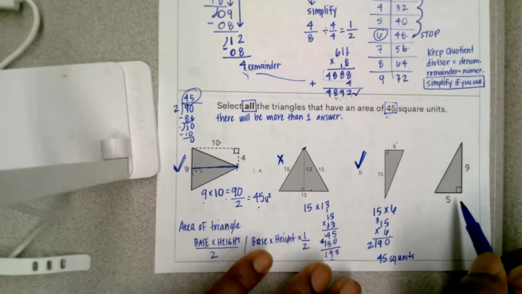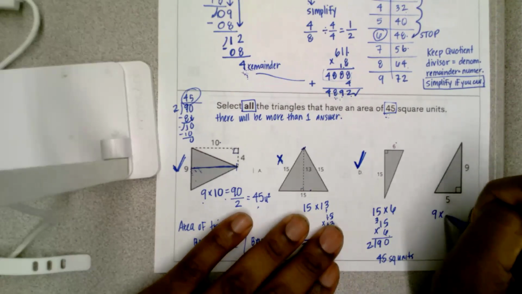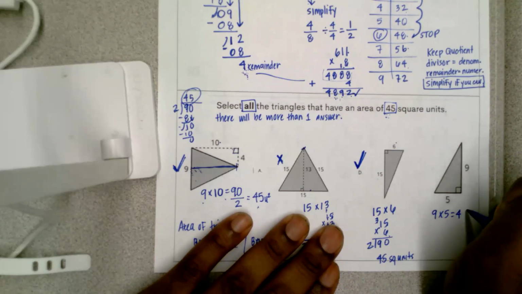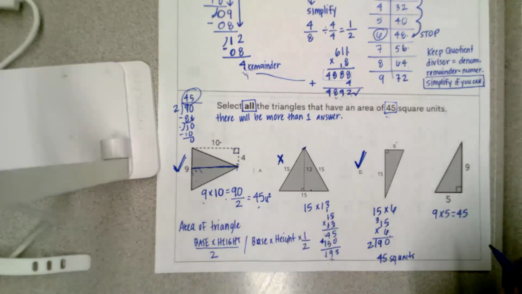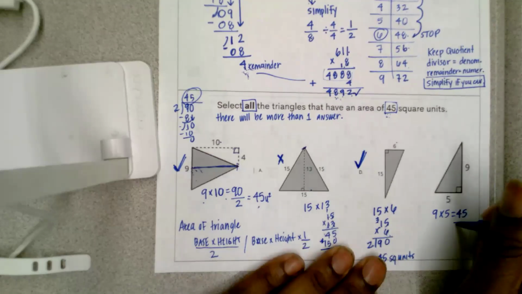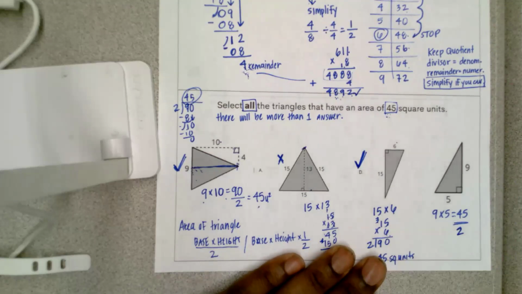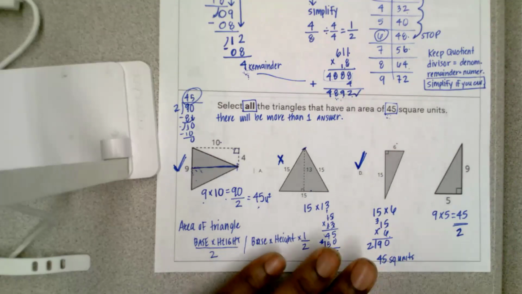Look at this one. Okay. 9 times 5 is 45. But with the triangle, you have to multiply the base times the height, then divide by 2. So then you have to divide 45 by 2. If you divide 45 by 2, my answer will be about 22.5.